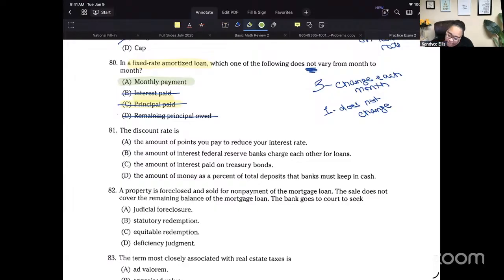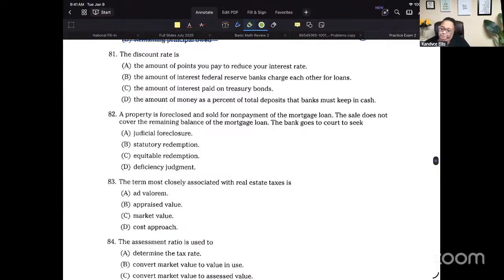Boom. All right, 81. The discount rate is. Is it A, the amount of points you pay to reduce your interest rate? Is it B, the amount of interest the Federal Reserve Bank charges each other for loans?